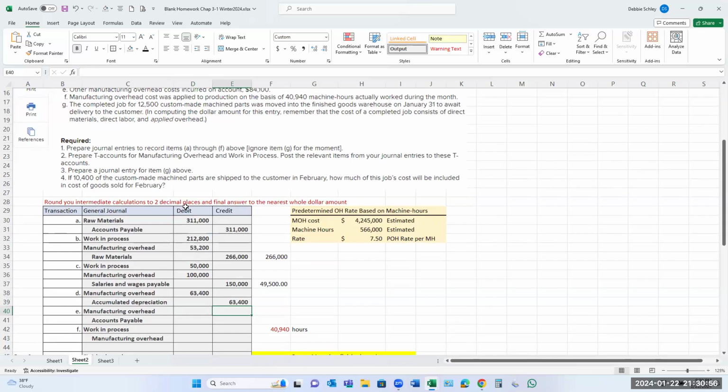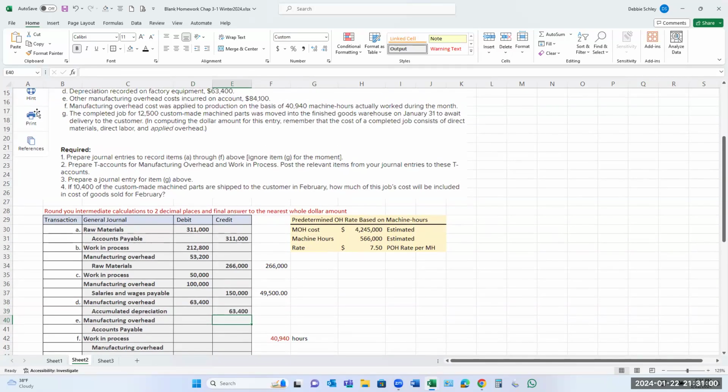All right, E. Other manufacturing overhead costs incurred on account. So this time they actually told you it was on account. So manufacturing overhead of 84,100, and it's on account, so it's accounts payable credit.